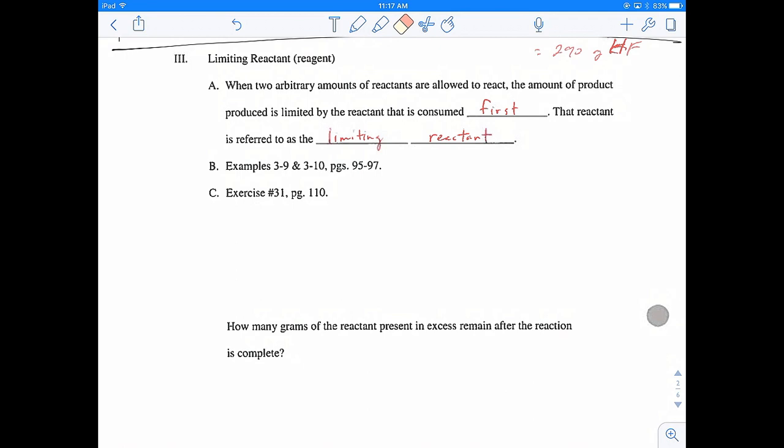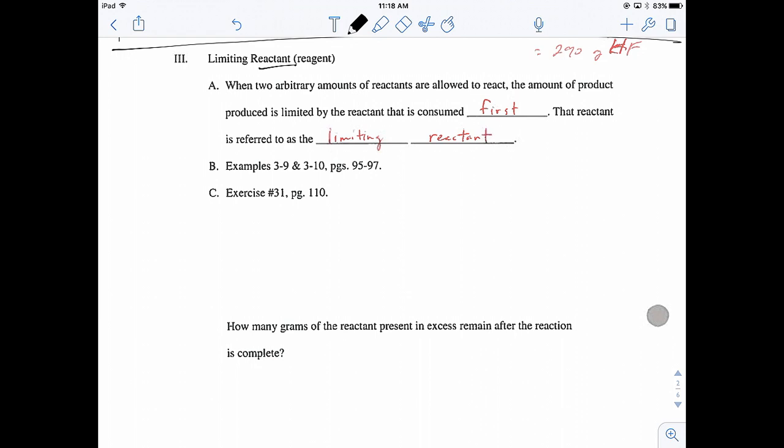So first of all, limiting reactant or limiting reagent, either of those mean the same thing. You'll probably hear me in class usually refer to them as reactants, but they can also be called reagents. So the big idea here is that in a reaction, when there's two reactants that are mixed together in random amounts, the amount of product is limited by whatever you run out of first.